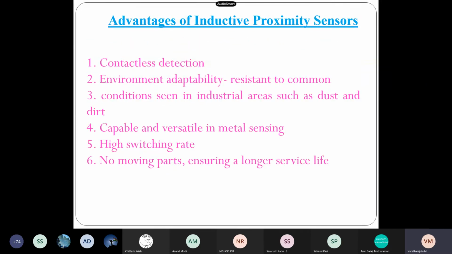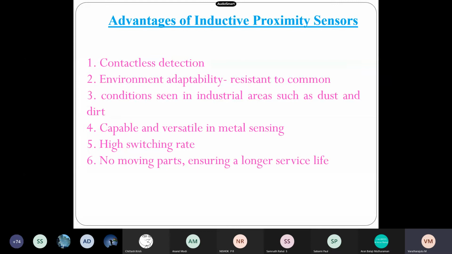And the advantages: the contactless detection is a very good advantage of these inductive proximity sensors. When we have contact, due to that continuous contact, repair and servicing is essential. But in the case of inductive proximity sensors, there is no contact. Therefore, that is a very good advantage.